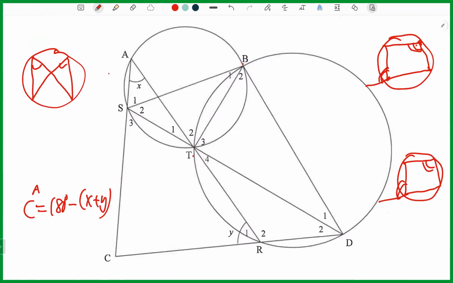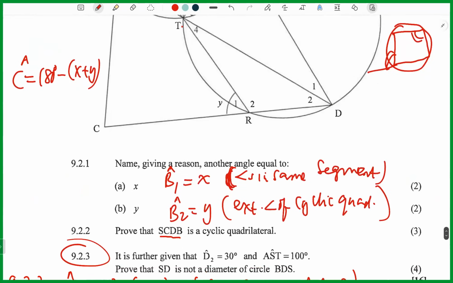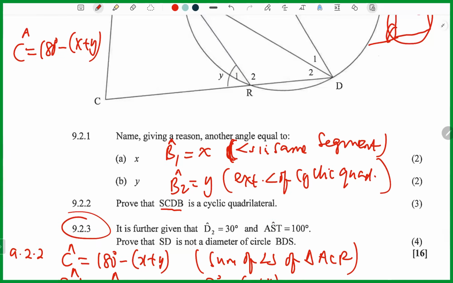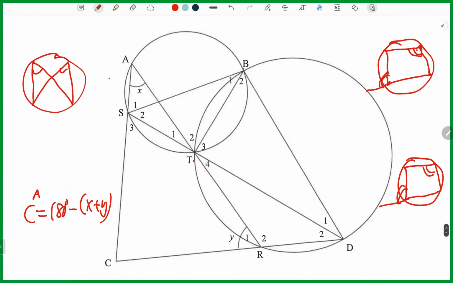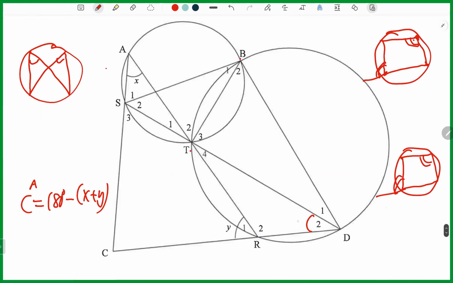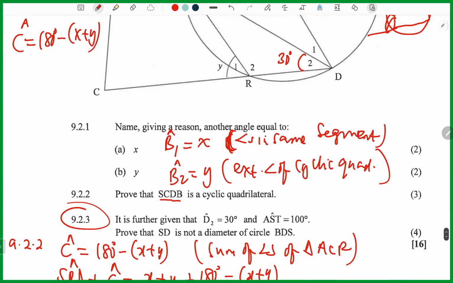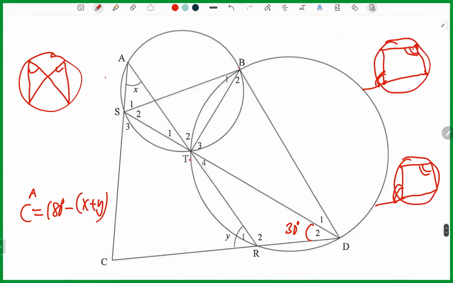If it is further given that D2 is 30 degrees, where is D2? Here is D2. What else is given? It is given that angle AST, this one, is 100 degrees.